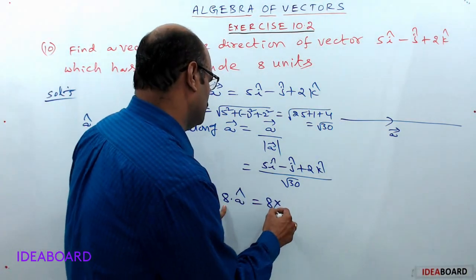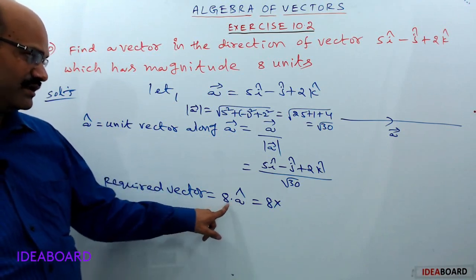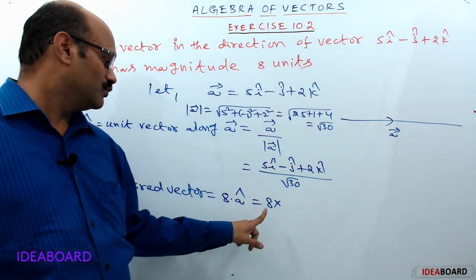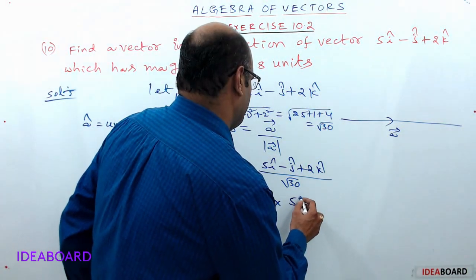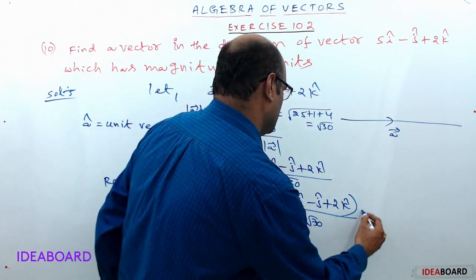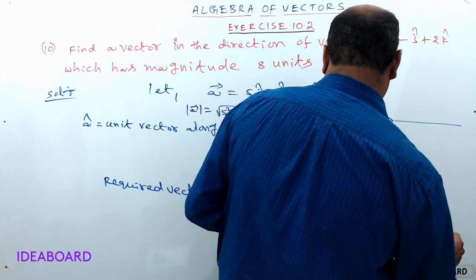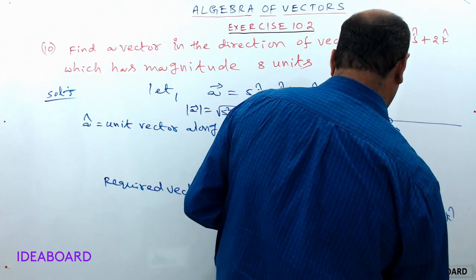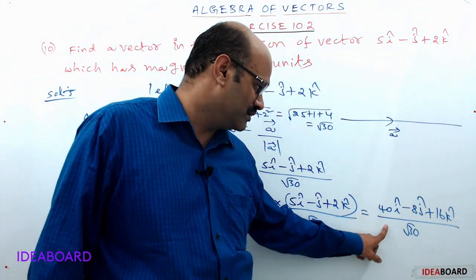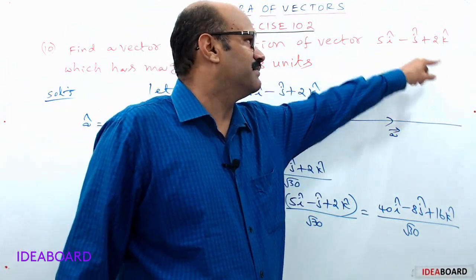The magnitude is 8 into 1, equal to 8, so finally we are getting 8 units. So 8 into 5i cap minus j cap plus 2k cap upon root 30 equal to 40i cap minus 8j cap plus 16k cap upon root 30. Therefore, this is the vector of magnitude 8 units along the vector 5i cap minus j cap plus 2k cap.